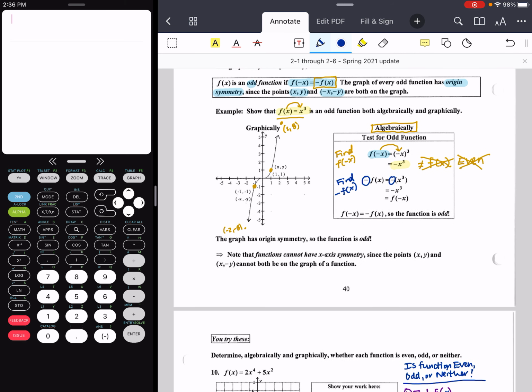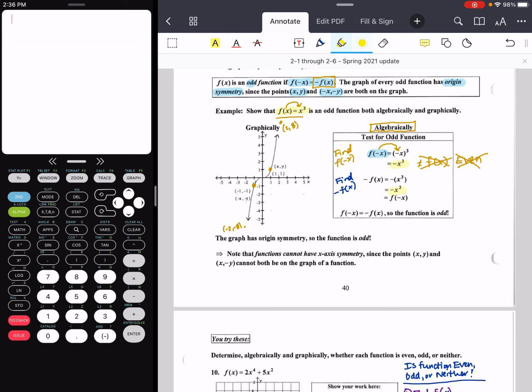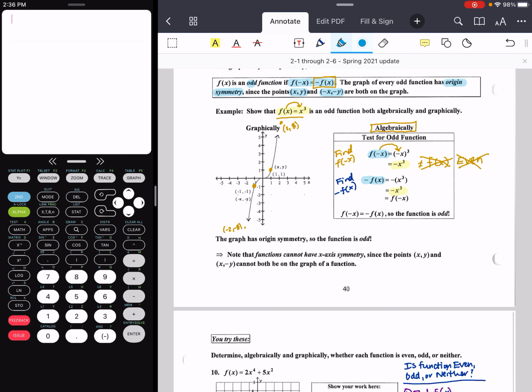And then we can just remove the parentheses, and that ultimately gives me negative x cubed. So connecting what I started with and what I ended with, because f of negative x equals negative x cubed, and because negative f of x equals negative x cubed, I can say that f of negative x equals negative f of x. Those are the same things. So the function is odd.